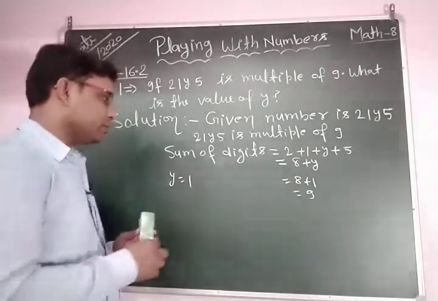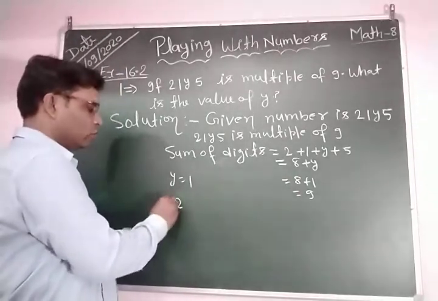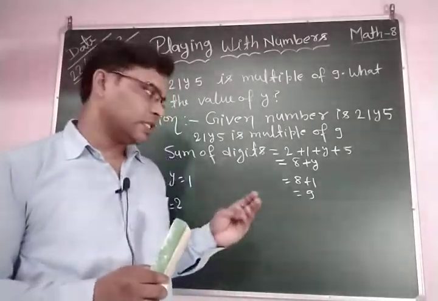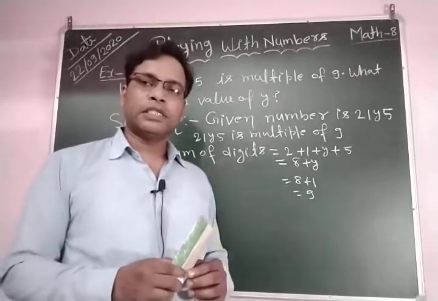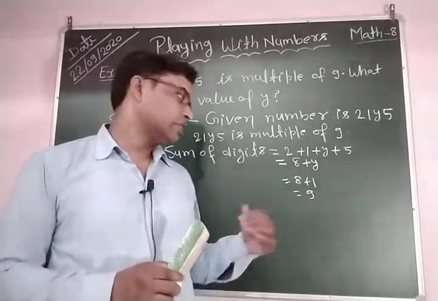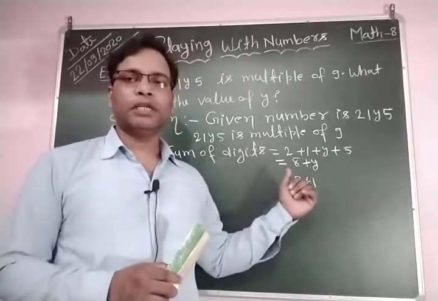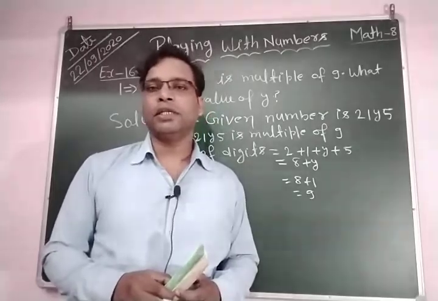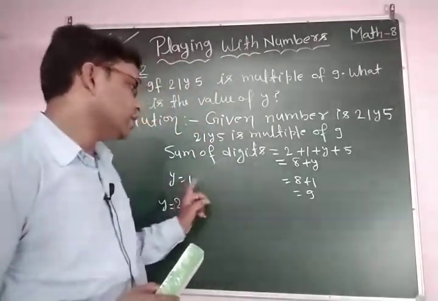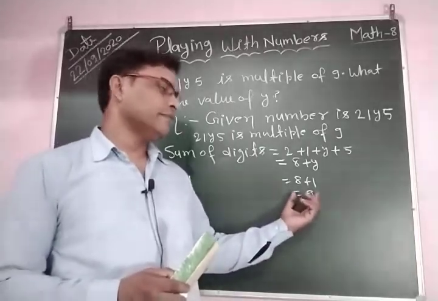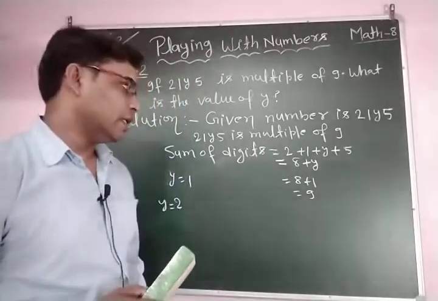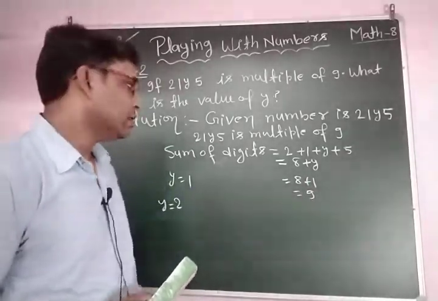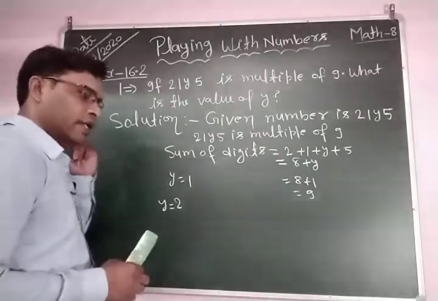If y is equal to 2, 8 plus 2 is 10, and 10 is not divisible by 9. If you put 3, 8 plus 3 is 11, not divisible by 9. If you put the maximum value 9, 8 plus 9 is equal to 17, and 17 is not divisible by 9. So only with y equal to 1 we obtain 9 as the sum of digits, which is divisible by 9. So the value of y is 1.